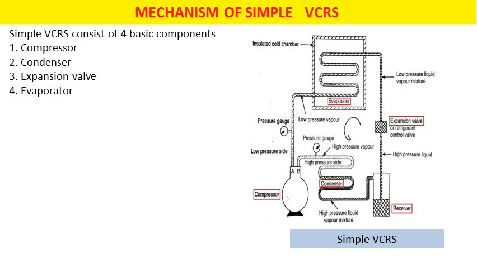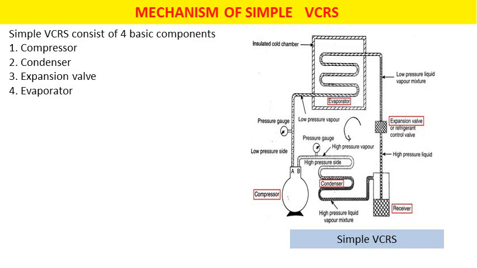Now what exactly does the condenser do? The condenser consists of coils of pipes in which high pressure and temperature vapor refrigerant is cooled and condensed. That means the refrigerant, while passing through the condenser, gives its latent heat to the surrounding condensing medium, which is called air or water, that is called brine solution.